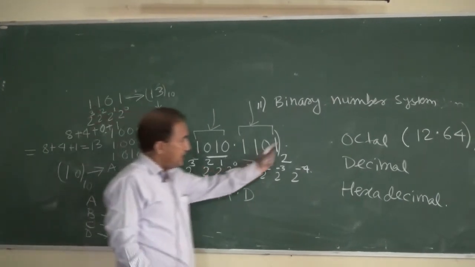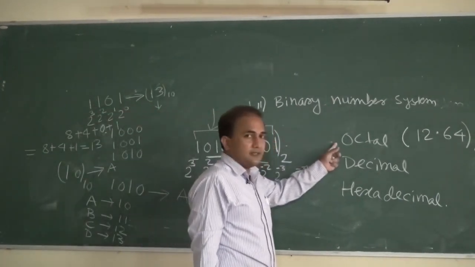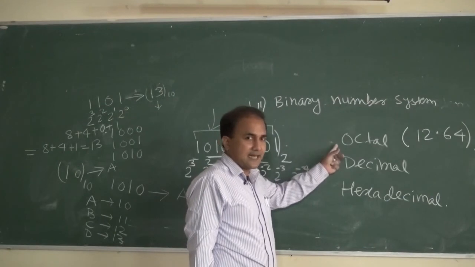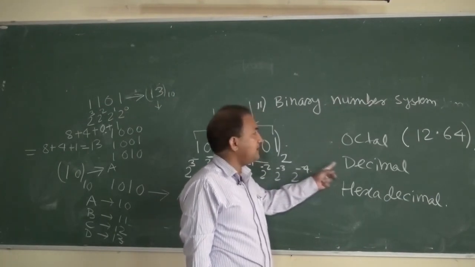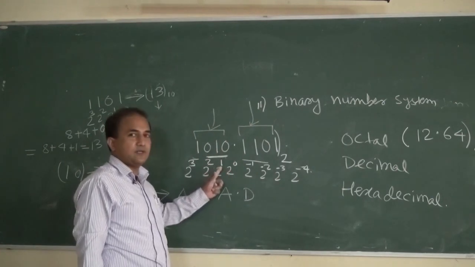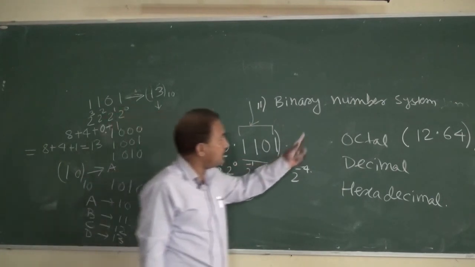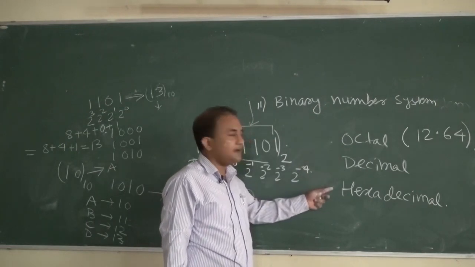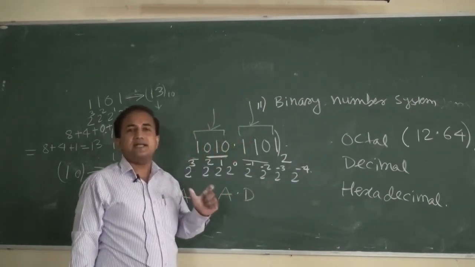So for octal you have to combine 3 bits at a time. For decimal, you can convert by knowing the positional value. How can you convert a binary number to a hexadecimal number? You have to combine 4 bits at a time.